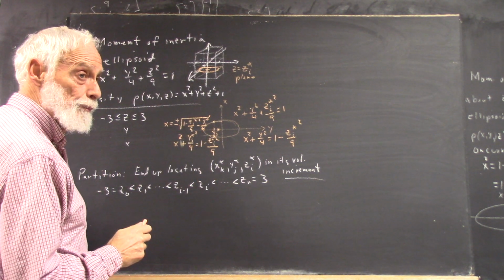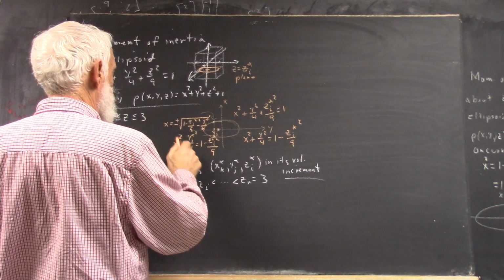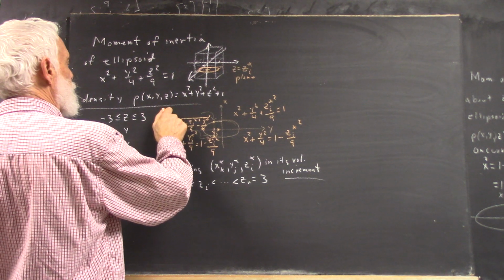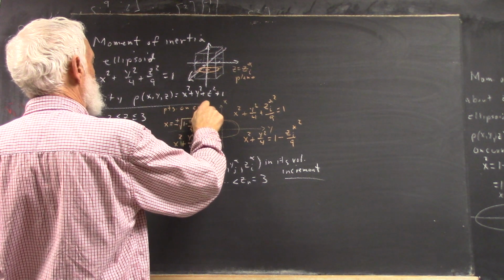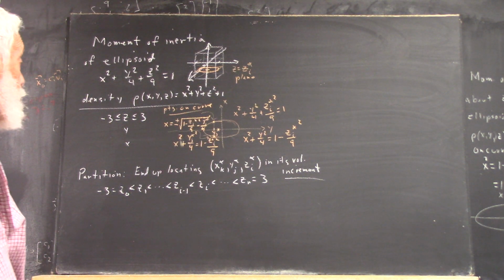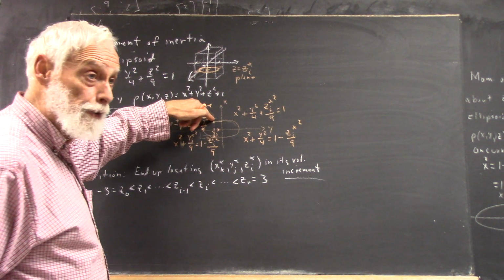Okay? And of course, the point for the plus is here, and the point for the minus is here. And those are the points on the curve. So that your x values have to be from here to here, and you're going to have to partition that interval.